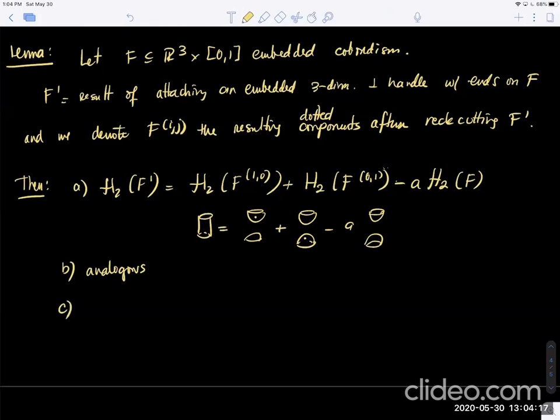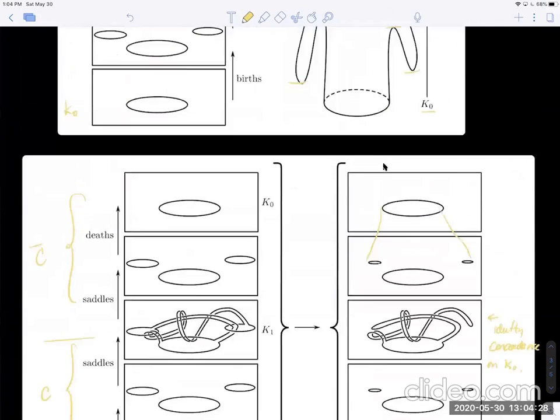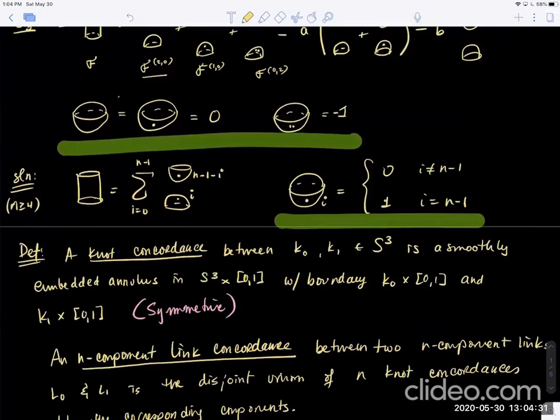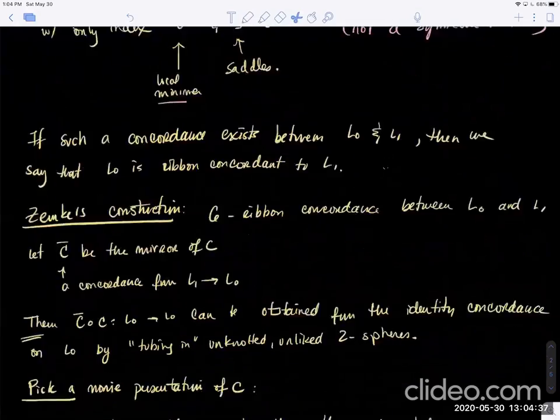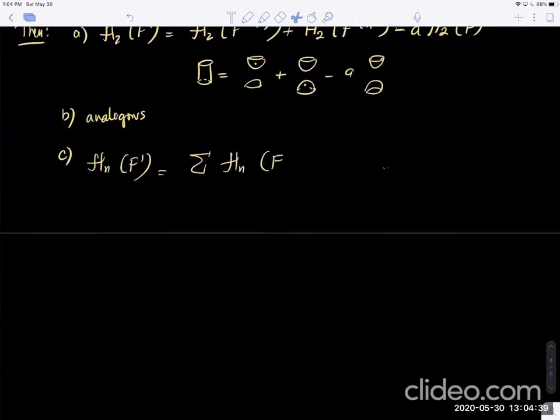And then for SLN, we have F prime. This is just going to be given by HN, and recall that in SLN, the equation that we're working with is this one. So let's just copy it and go back.